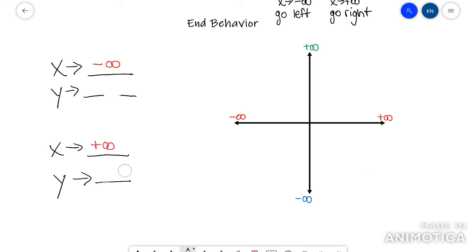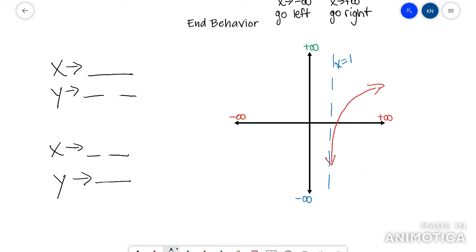Okay, one more unique situation you need to be prepared for, where they might try to trick you, would look something like this. It doesn't always have to be a horizontal asymptote. Sometimes they'll give it to you with a vertical asymptote like this. We'll call this vertical asymptote x equals 1.